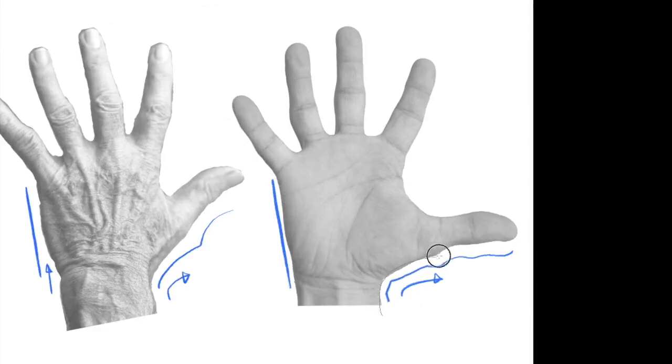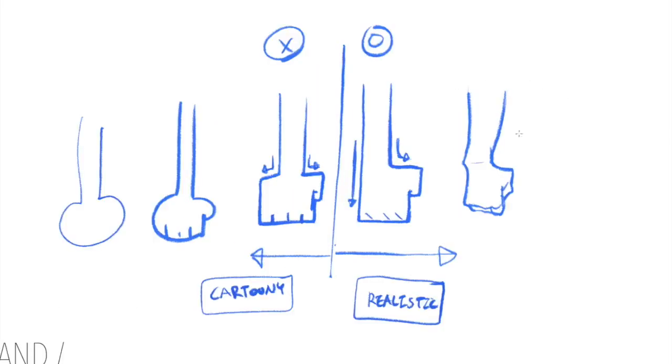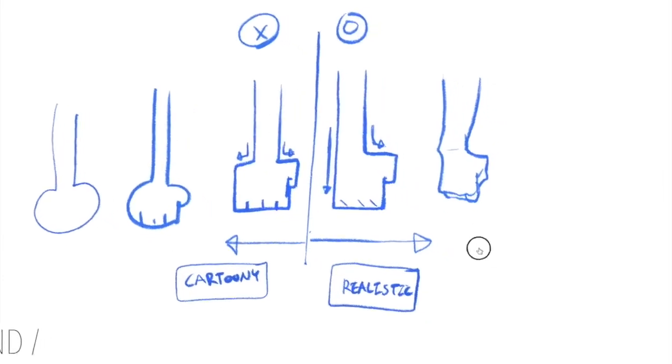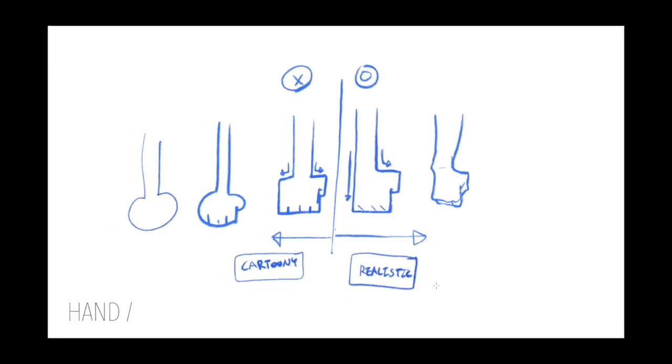Meanwhile, the thumb area has a very sharp turn. So when you draw your character's hand, follow the human anatomy design. If you don't follow that, with one straight side and one sharp-turn side, it becomes a very cartoony drawing. But the more you follow human anatomy, the more realistic the character looks.